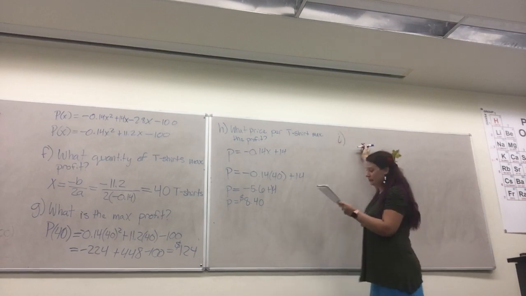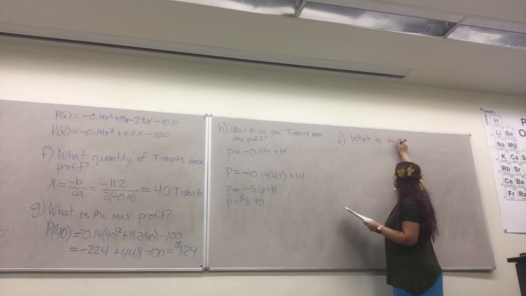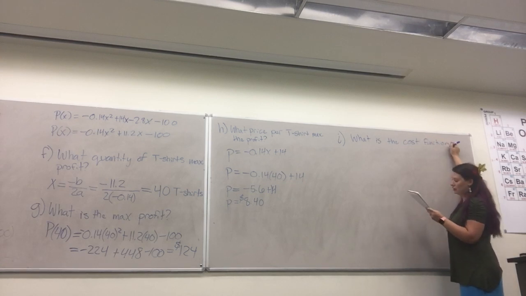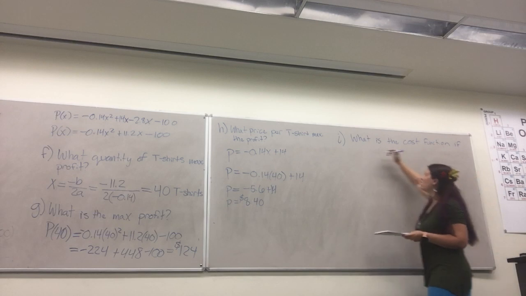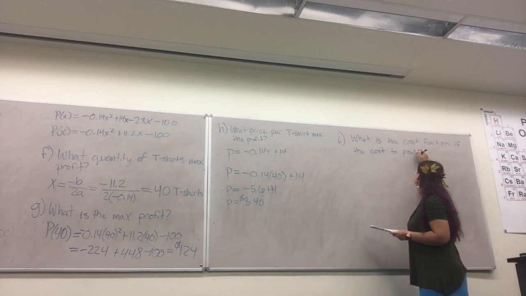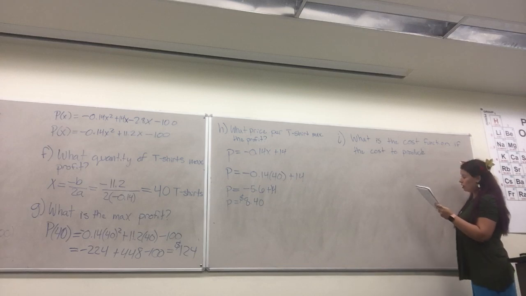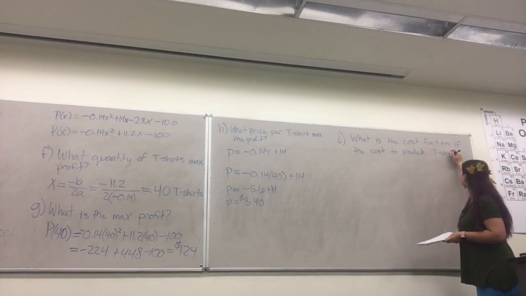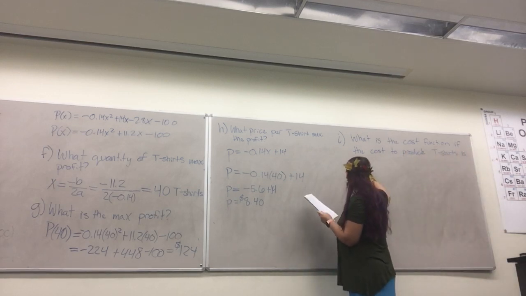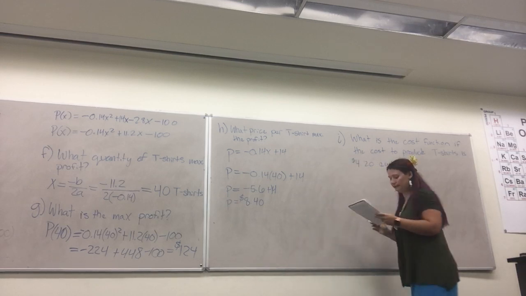So, part I, what is the cost function if the cost to produce t-shirts is $4.20 each.